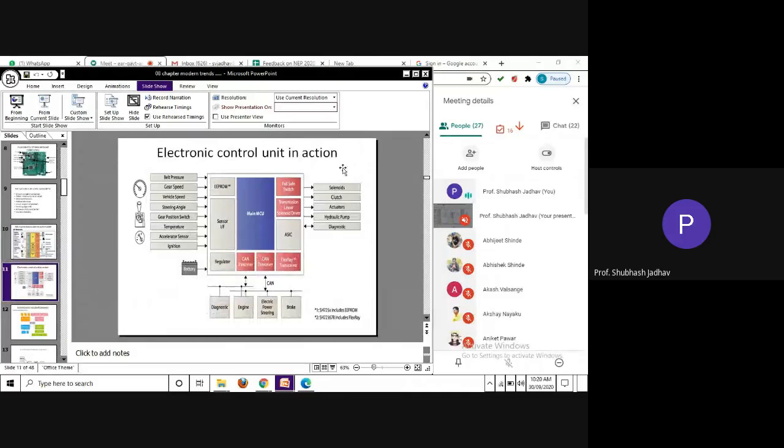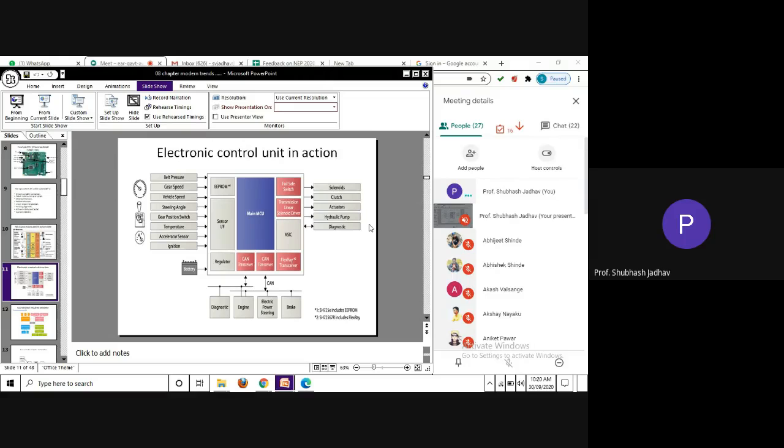Here in action, you can see the belt pressure, gear speed, vehicle speed, steering angle, gear position sensor, temperature sensor, accelerator sensor, and ignition sensor. These many sensors give information, and accordingly some solenoids, clutch, actuators, hydraulic pump, all this will be controlled.